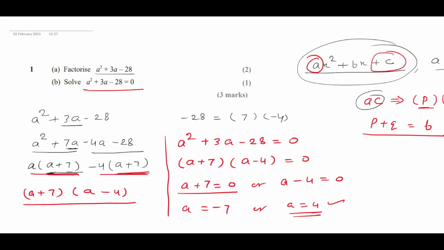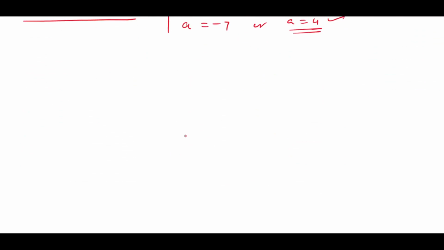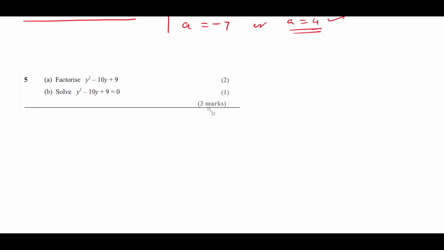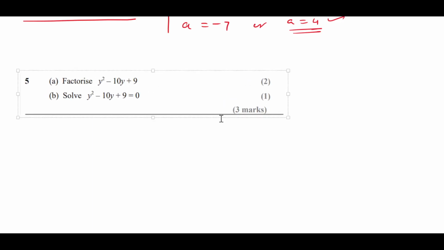I'm taking question number 5 in one of the worksheets. So here your question 5 is like this. You can pause this video and try it yourself. That will be a better way of understanding the question.